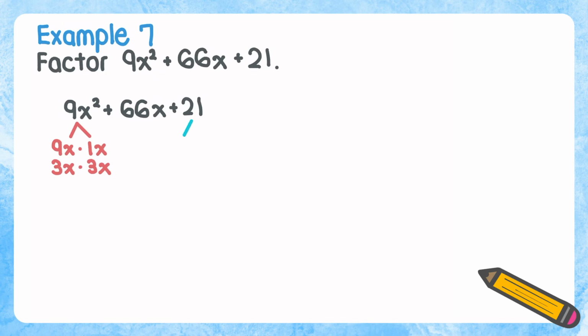And then this 21 over here, we can either do 1 times 21 or 3 times 7. So we have a few options here. And again, I want to find a combination where we get that middle term, the 66x. So for the first parts, I'm going to try out this 9x and 1x combo.